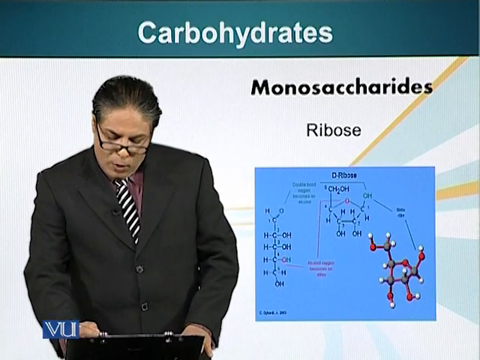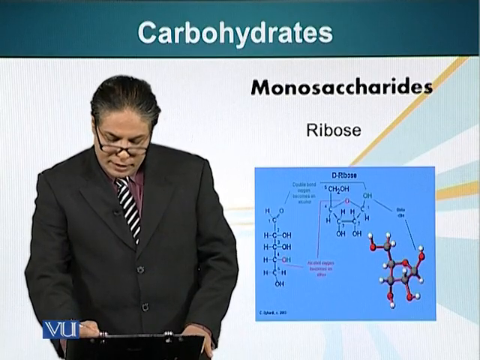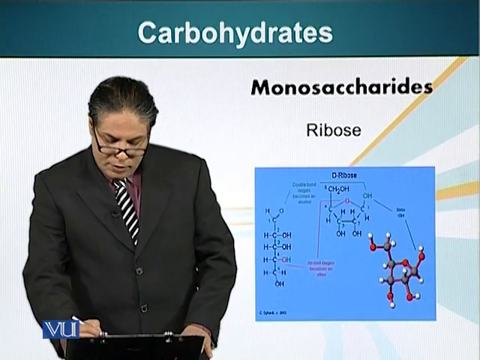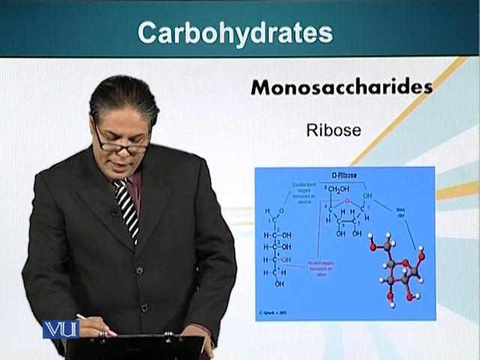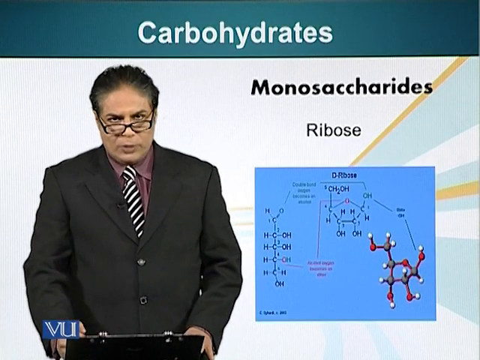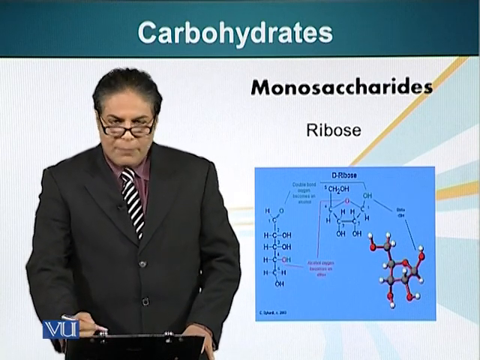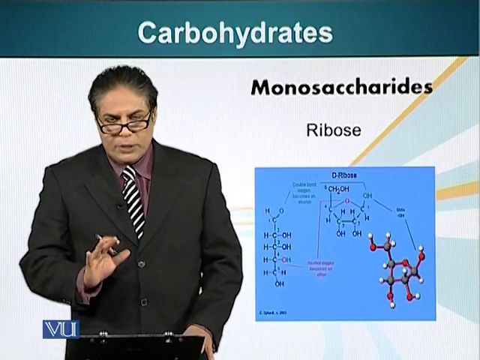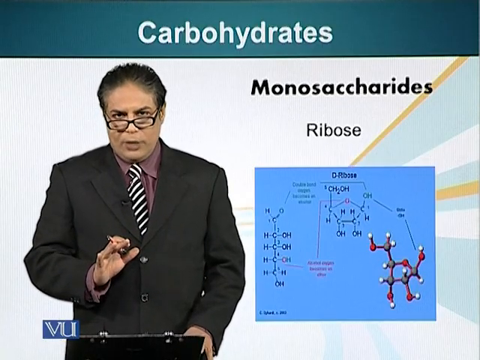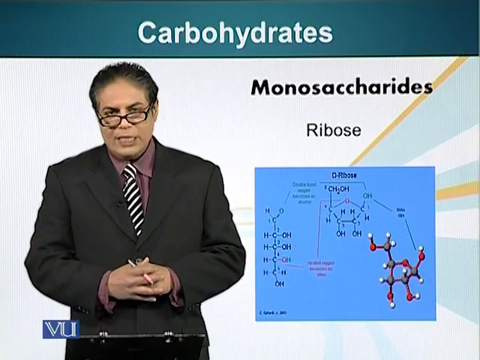There is a carbon number 1 with a hydroxyl group. There's a carbon number 2 with a hydroxyl group. Carbon 3 has a hydroxyl group. And then carbon number 5 has a hydroxyl group. Carbon atom number 5 and carbon atom number 3 are very important carbon atoms in this molecule when we start talking about the DNA polymer.